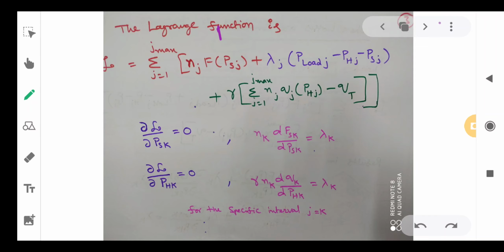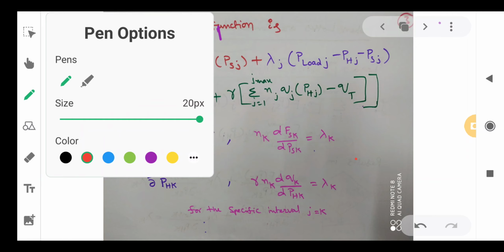coordination equations. Nk into dFsk by dPsk equal to lambda k. This is equation number 1.